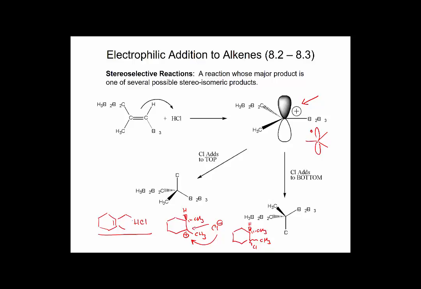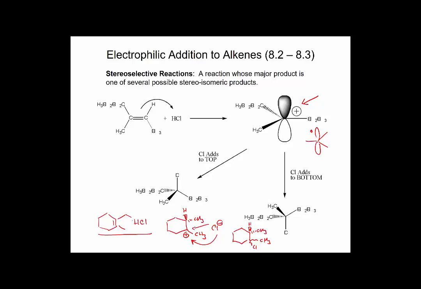Because when I add the H plus, tertiary carbocations, same stability, I'm going to get those two products 50-50. So it could have been regioselective because it was asymmetric, but it's not because of Markovnikov's rule. So you really have to take each problem on its own as to whether it's regio or stereoselective.